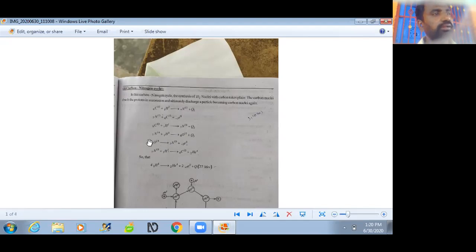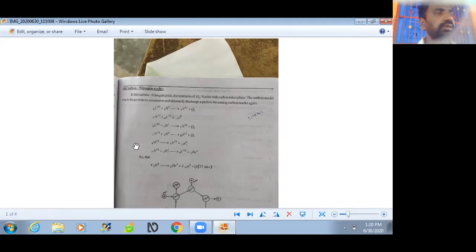Then 7N14 fuses with one proton and forms 8O15 plus Q3 amount of energy. Then the 8O15 element becomes a 7N15 nuclide plus one positron.